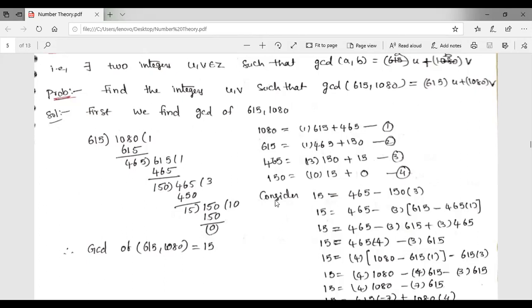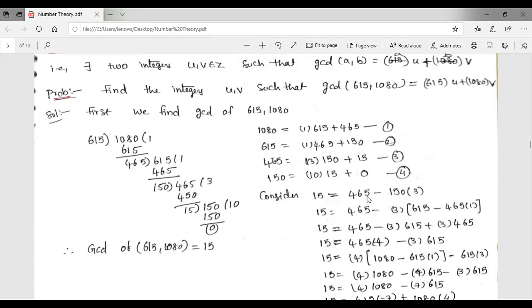So consider from equation 3: 15 is equal to 465 minus 3 into 150. From the second equation, 150 can be expressed as 615 minus 465 into 1.